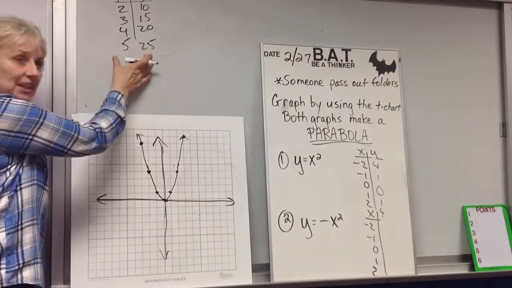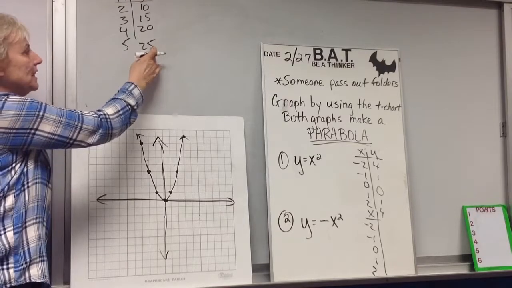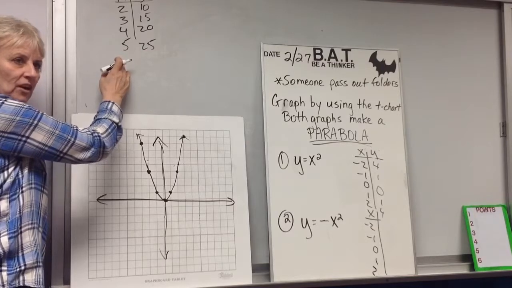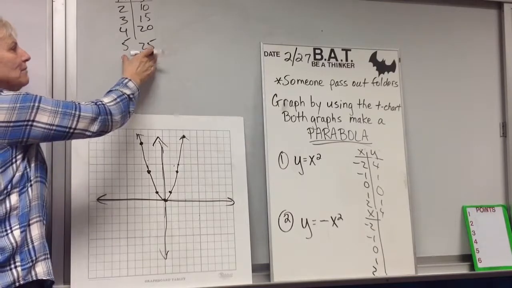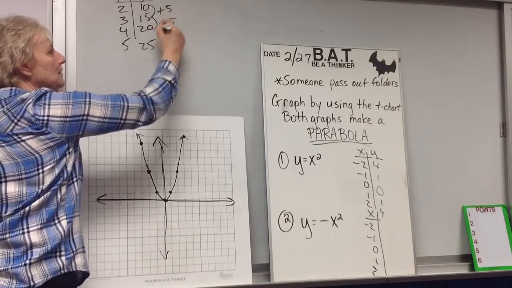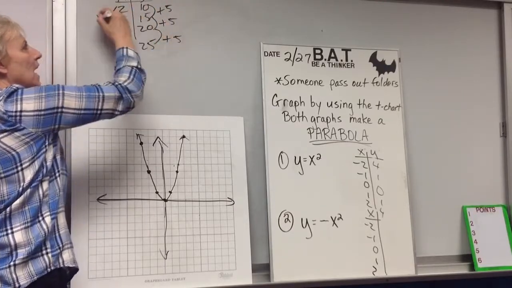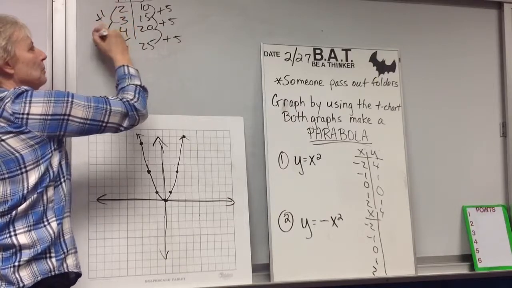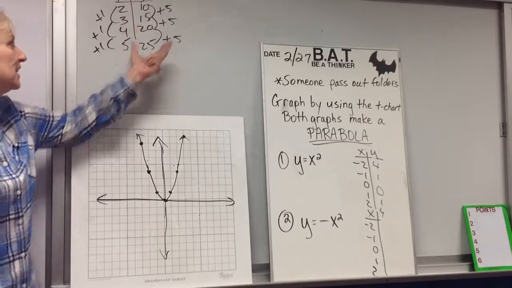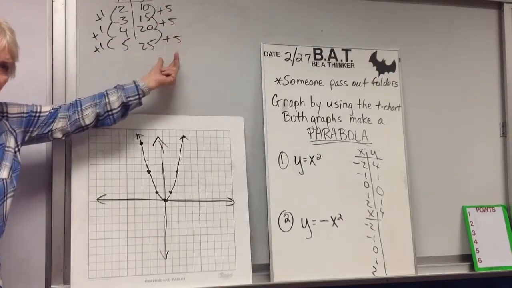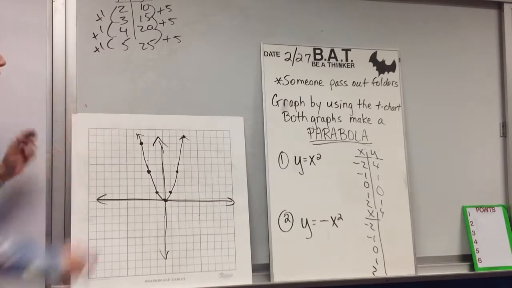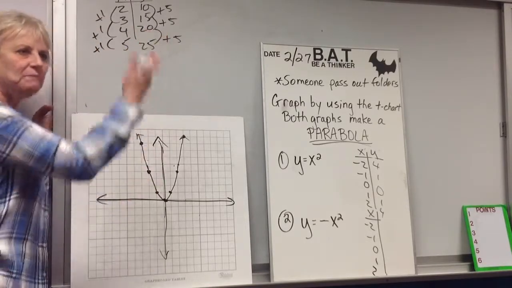This is linear because the slope is 5. 25 over 5, the slope is 5. This goes up 5, up 5, up 5. Up 1, up 1, up 1. On a linear equation, these are always the same, and these are always the same. It climbs at the same rate. It would never go up 5 and then down 2, up 5, down 2.